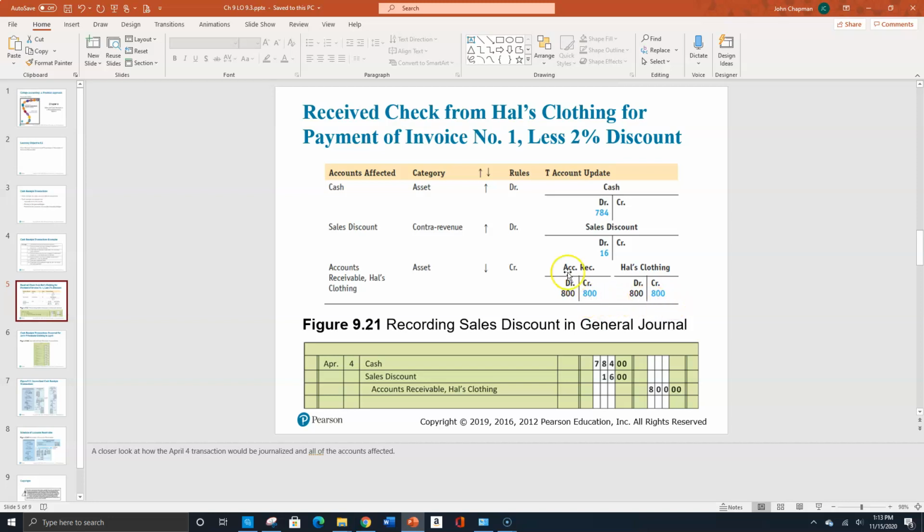Now they're paying what they had on account. They had an $800 balance, now they're paying it, so the balance in your accounts receivable would be 0, and in Hal's Clothing would be 0. So here's the journal entry again, debiting cash, debiting sales discount, crediting accounts receivable, Hal's Clothing.